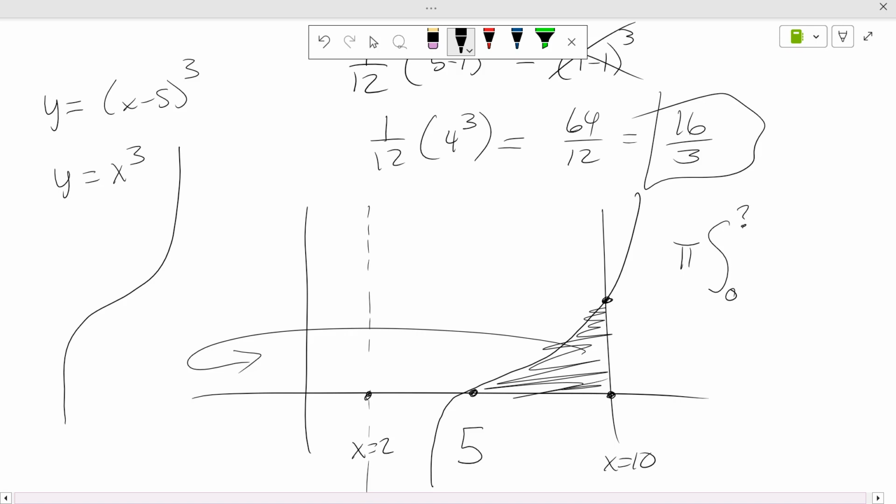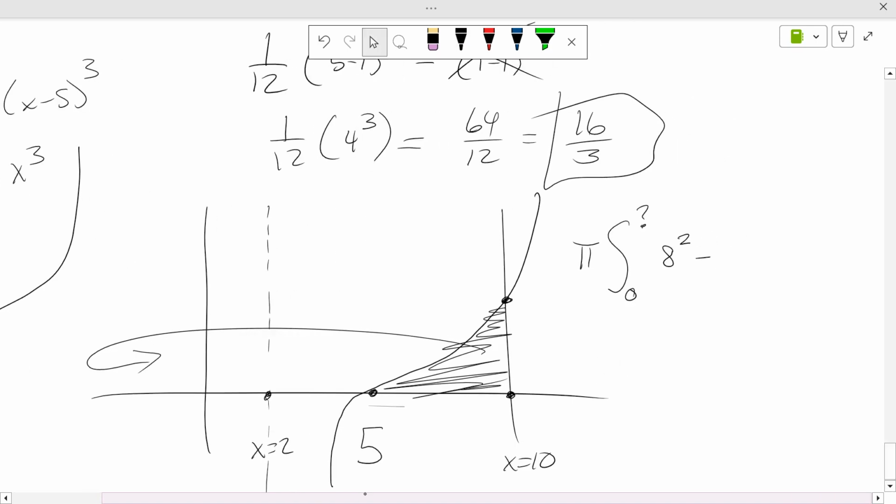We don't know where that is right now, but we'll get to it. Of the big radius, which is how far is it from 2 to 10? 8 squared minus the little radius squared, which is 2 minus x minus 5 cubed squared.